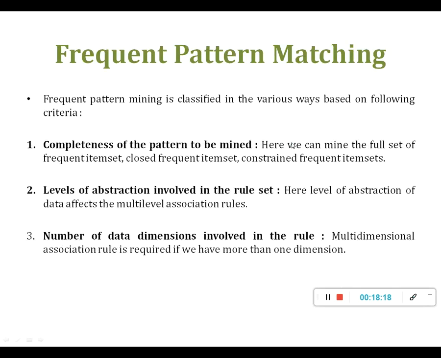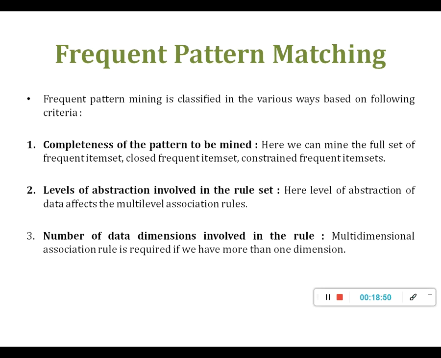Whenever we are doing frequent pattern matching, we have to follow the criteria that have been mentioned. For example, if we are going to mine something, we should know what full set we require, whether frequent item sets or closed item sets, and which kind of abstraction to insert.